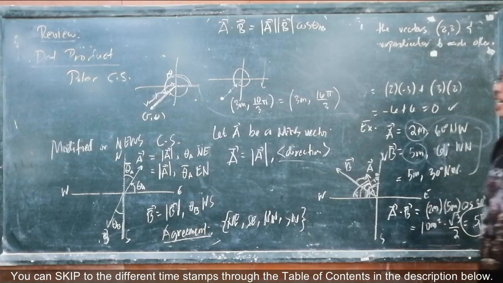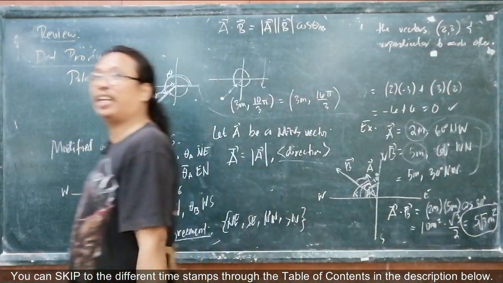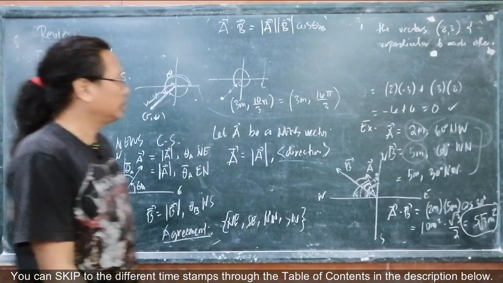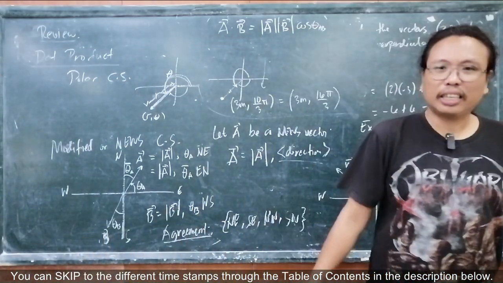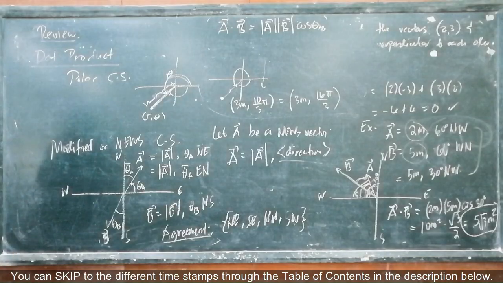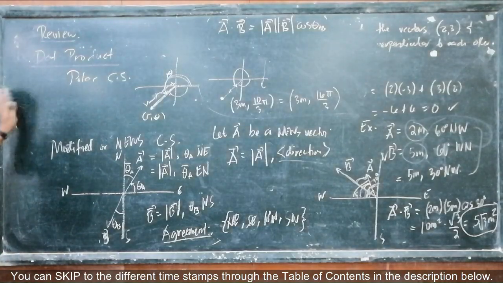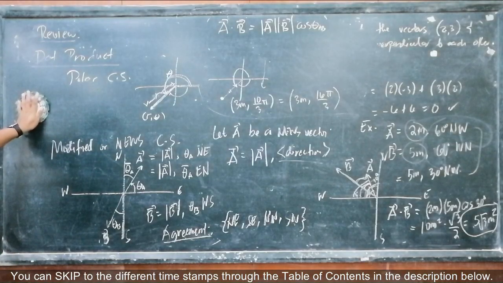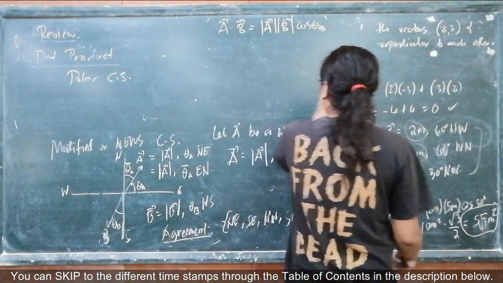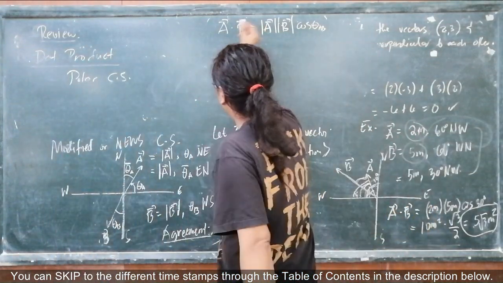Now notice that the dot product now has a unit of an area. What is that area? I asked that one last meeting, but I got no answer. We can actually make sense of that area. How do we make sense of that area? Now let's have this illustration.